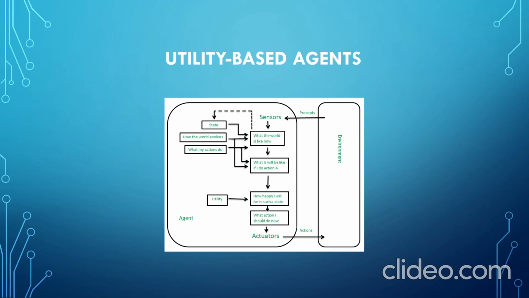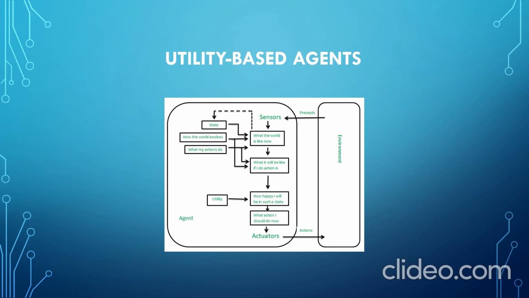As in the above three agents, the utility-based agent also gets the information from the environment through the sensors, like what the world is like now and what the present condition is. The utility-based agent also has its internal state and the knowledge about how the world evolves and what my actions can do.